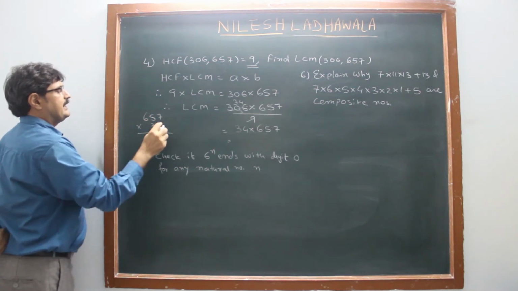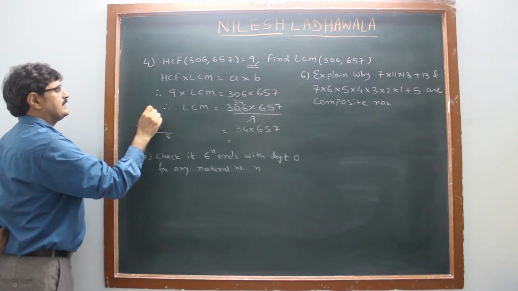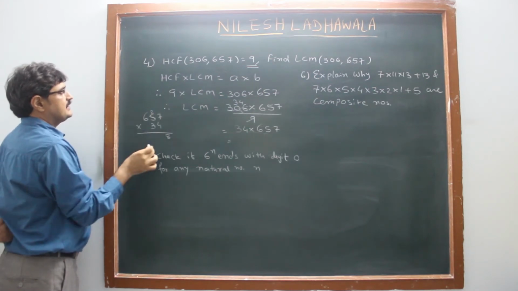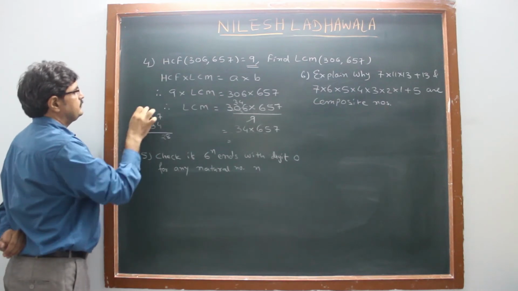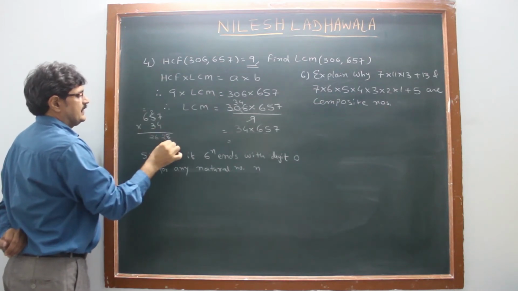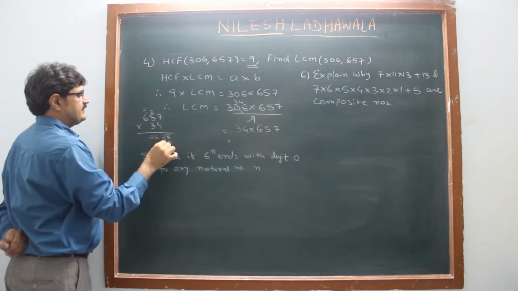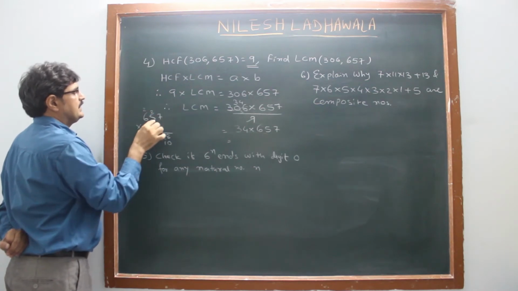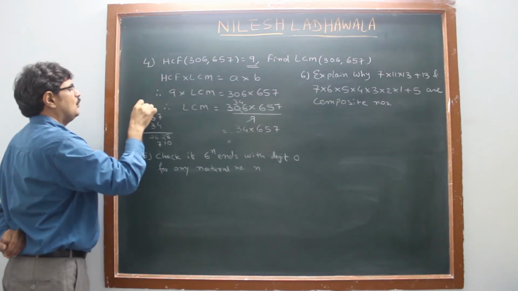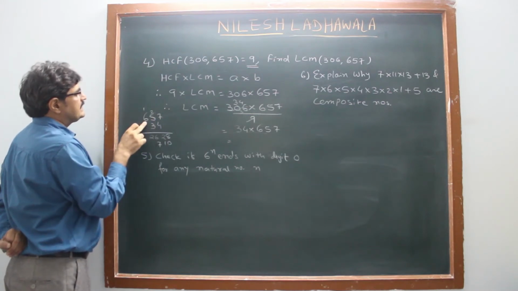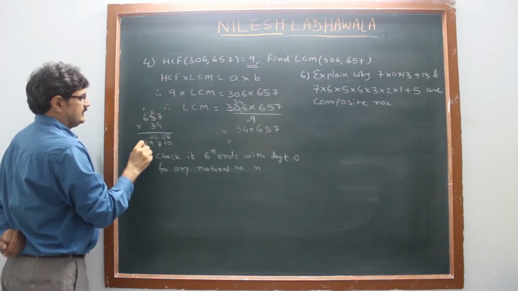Now I will multiply it as 7 4s are 28, carry over 2, 5 4s are 20 plus 2, 22 carry over 2, 4 6 are 24 plus 2, 26. Now here I will write 0, 3 7s are 21 carry over 2, 3 5s are 15 plus 2, 17 carry over 1, and 3 6 are 18 plus 1 it is 19.